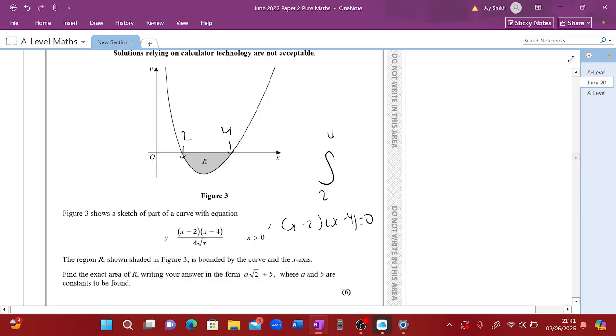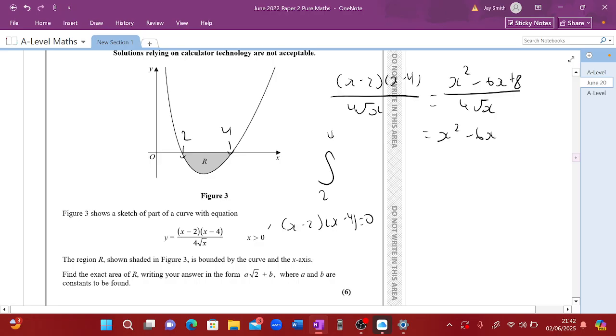And we're going to integrate this function. It looks a bit nasty, but really it's AS integration. It's just indices. If we first expand (x minus 2)(x minus 4), we get x squared minus 6x plus 8, over 4 root x. Then I can write root x as x to the half, using index laws.